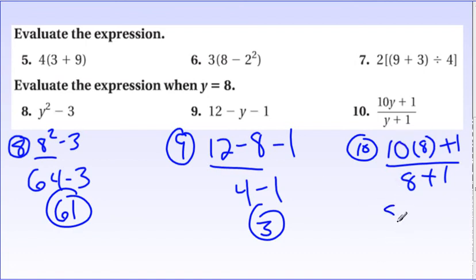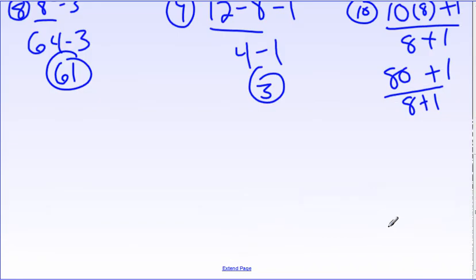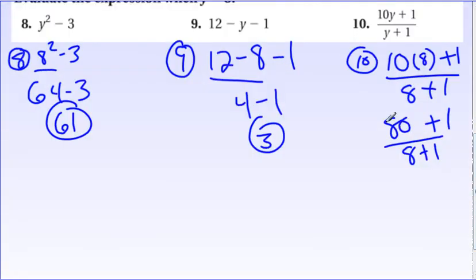So we get an 80 plus 1 over an 8 plus 1. 80 plus 1 is 81. On the bottom, 8 plus 1 is 9. And 81 divided by 9 is 9.